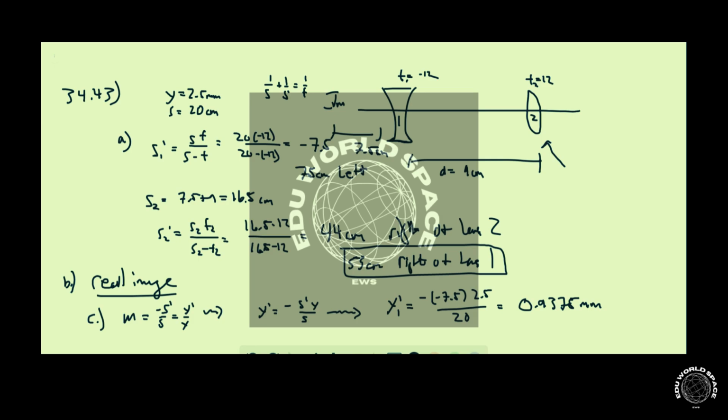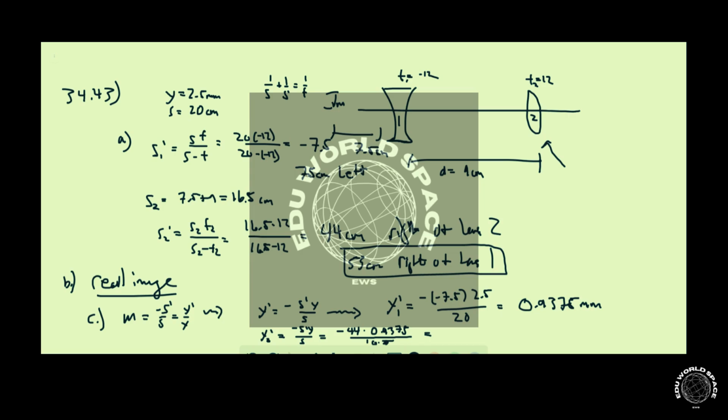Let's do this again for the second lens. This is negative S prime Y over S. So what this becomes is negative 44 times 0.9375 over 16.5.